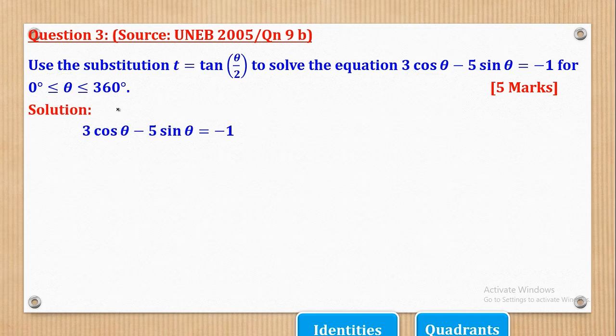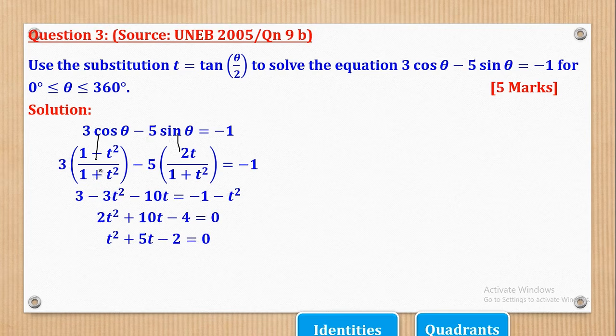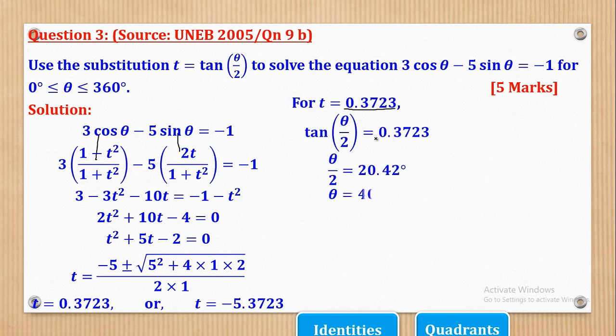So you first write the given equation, then we substitute the t formula for sine and cos, then multiply by the LCM, collect like terms to get a quadratic equation, then solve the quadratic equation and get the values of t. Then for t equal to 0.3723, it implies that tan theta over 2 is that, and theta over 2 is that, and therefore theta is that.